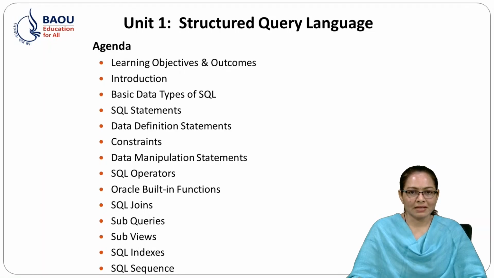These all topics are included in SQL. After learning all these topics in Unit 1 of Block 3, the student will be able to get the knowledge about SQL, Structured Query Language.